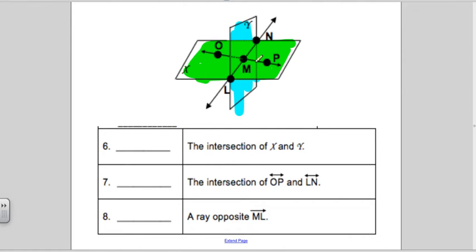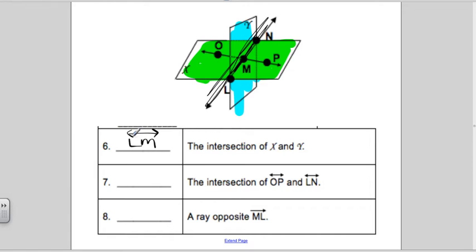And what actually happens is we have this line where they intersect. So this whole line is where they cross. So we would say that that is line LM, and that's my intersection of the 2 planes. 2 planes will always intersect at a line.